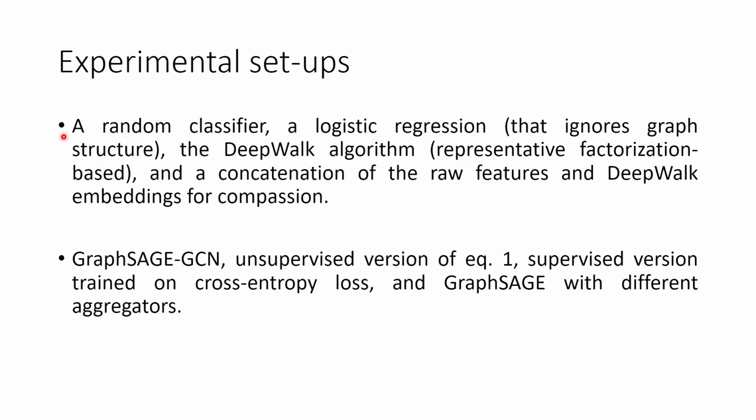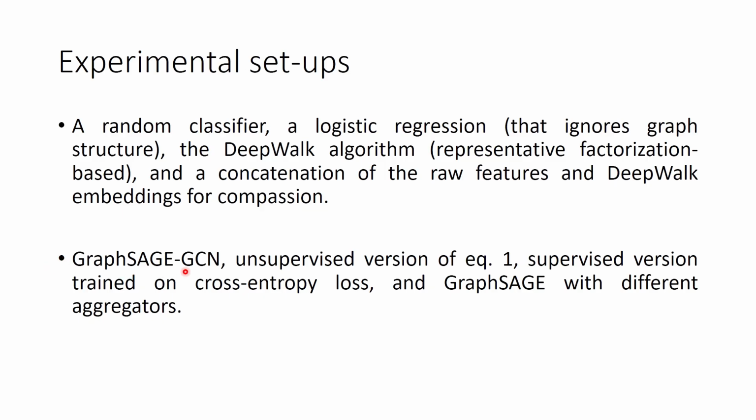Like we have taken different variations in GraphSAGE, like sample and aggregate. After that, for the downstream task, we use a random classifier, a logistic regression, the DeepWalk algorithm, and a concatenation of the raw features and the DeepWalk embeddings for comparison.